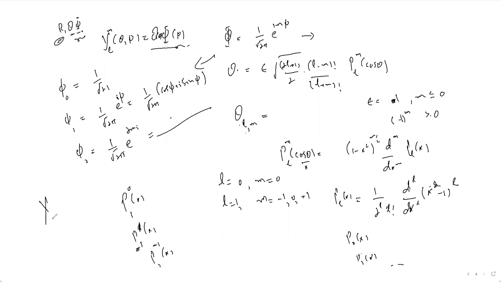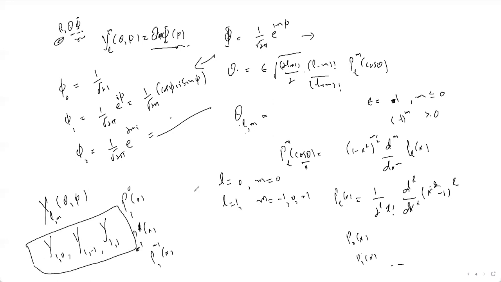These are Y_L^m of theta and phi. So for L equal to 1, m can be -1, 0 and 1, giving these three different harmonics. For the case L equal to 0, m equal to 0, I found the spherical harmonics and showed you.